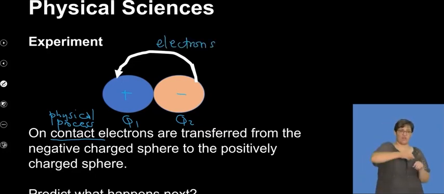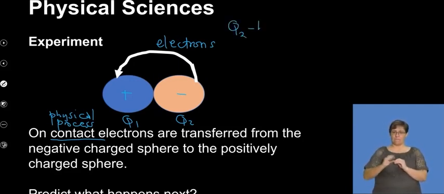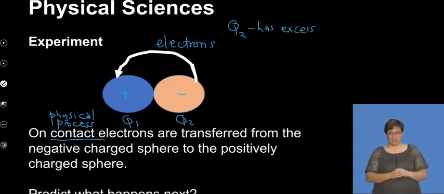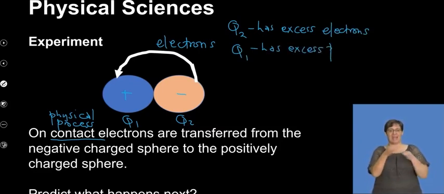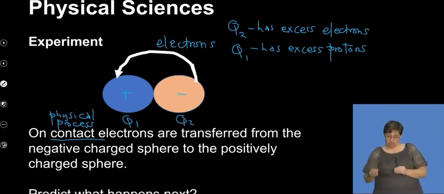Why? Because Q2 has excess electrons, while Q1 has excess protons, which explains why Q1 has a positive charge and Q2 has a negative charge. So the transfer is actually with respect to electrons.